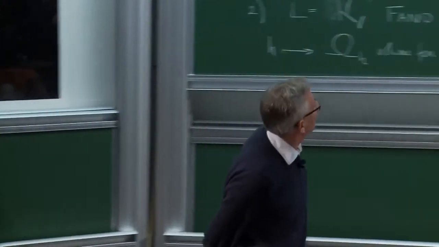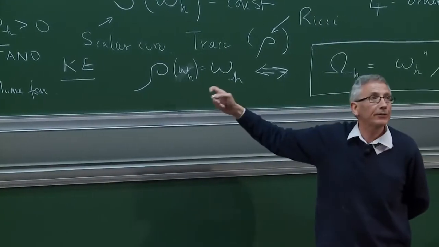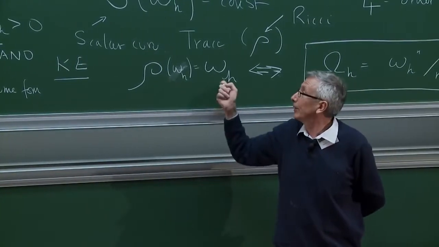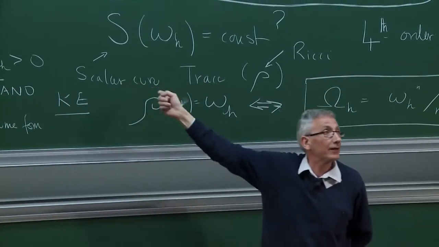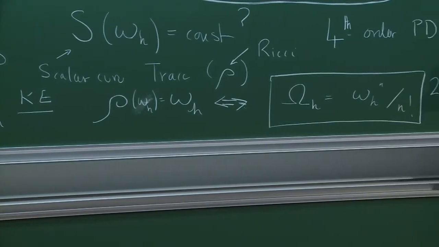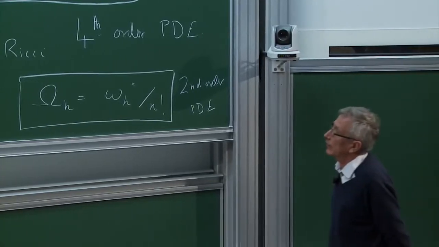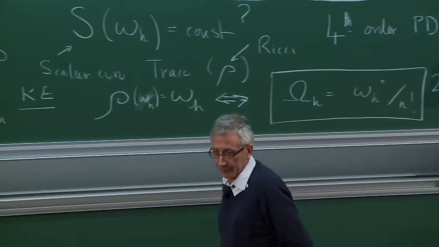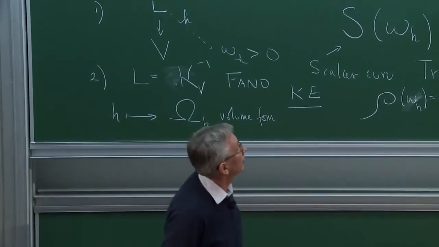So clearly, if you solve the Einstein equation, the Ricci form is a multiple of the metric, and when you take the trace, you get constant scalar curvature. A less obvious fact is that the converse is true.